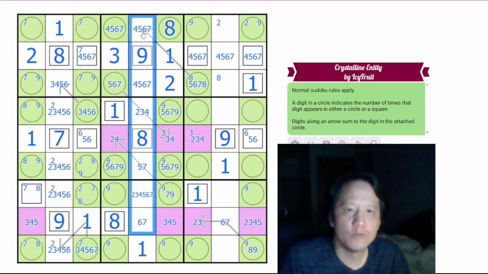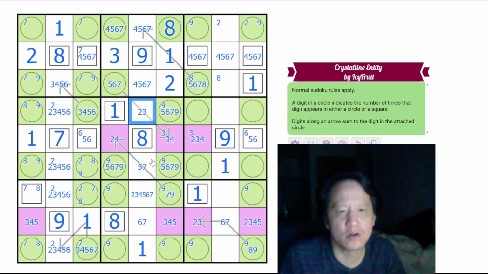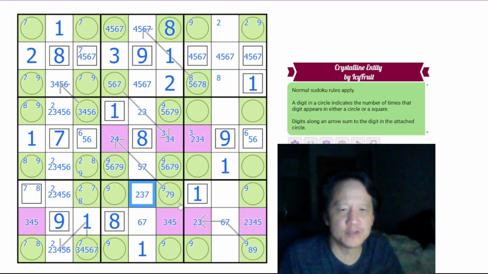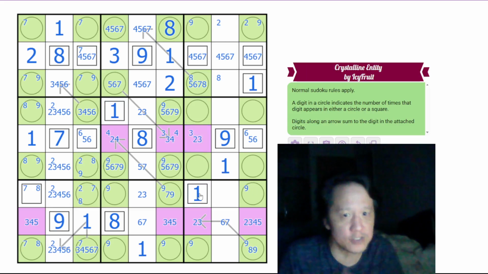Ah, we have a 4, 5, 6, 7 quadruplet in column 5, which eliminates 4, 5, 6, 7 in the rest of the column. This can't be 4, 5, 6, or 7, so this is 2 or 3. Where is the 4 in box 5? It has to be one of these 2 digits, which means this cannot be 4. This is 2 or 3.